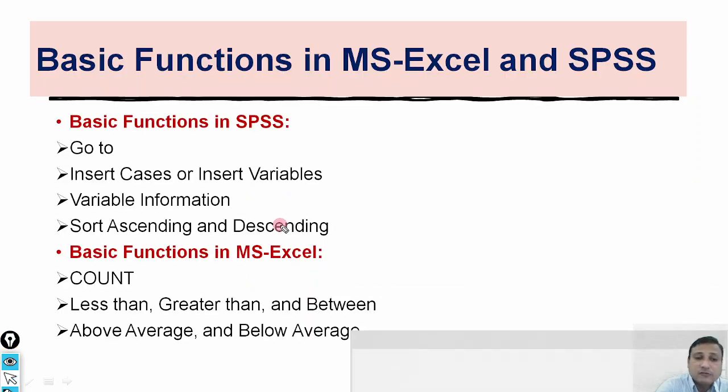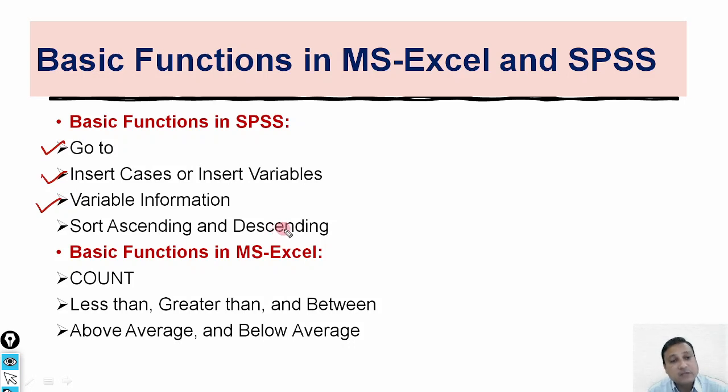Which functions will we perform here? First we'll start with SPSS, because the previous lecture ended with SPSS. So first we'll perform the go to function in SPSS, then we'll see how we can insert cases or insert a variable. Then we'll check variable information using SPSS.